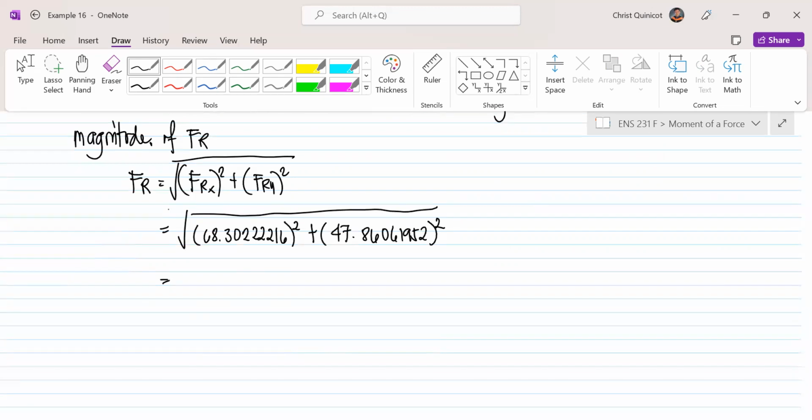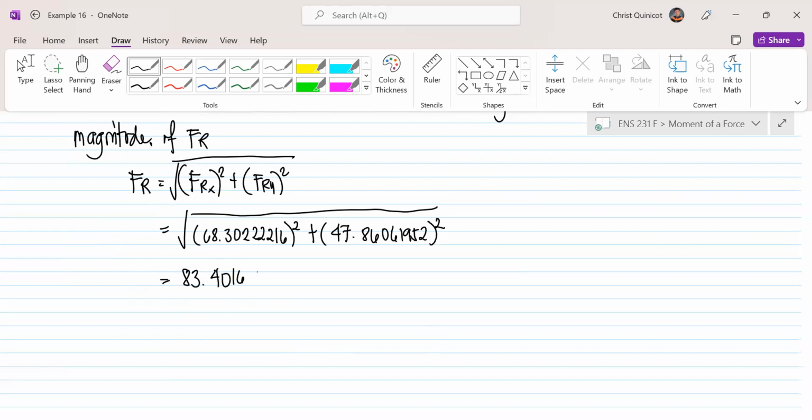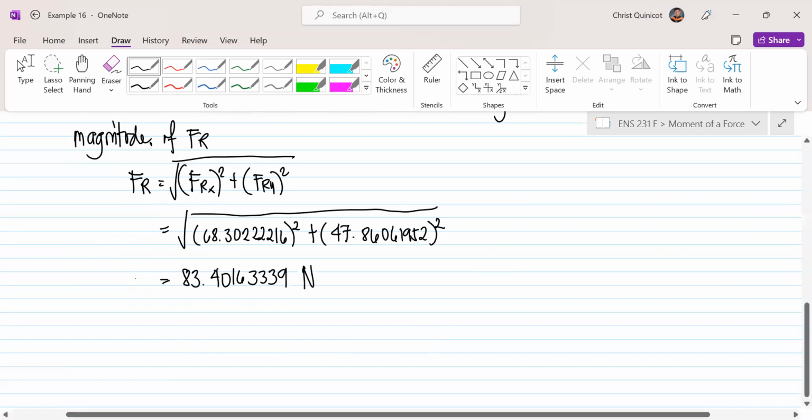Take the square root, and that is 83.4016339 Newton. That is our F sub R.